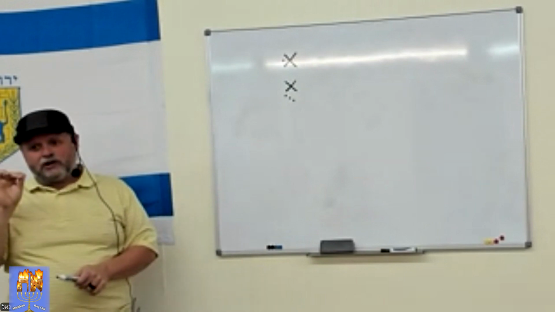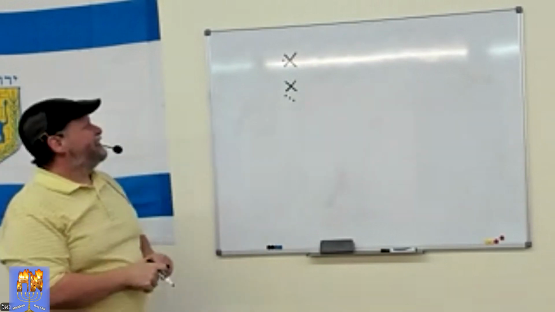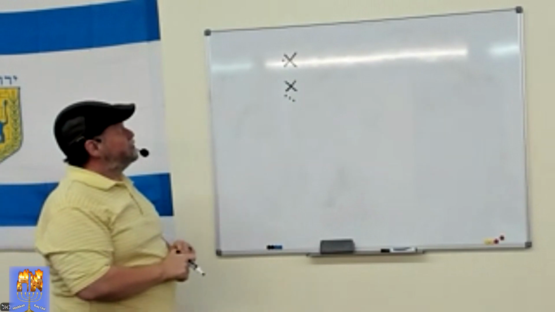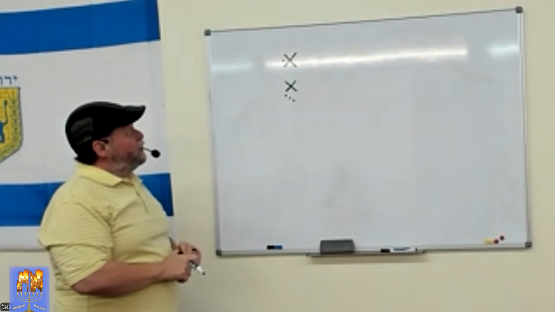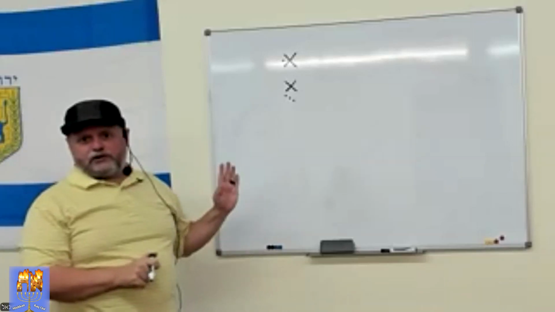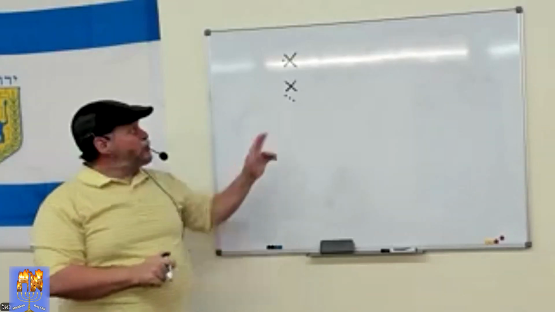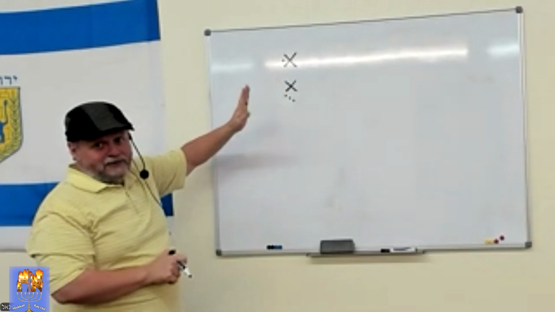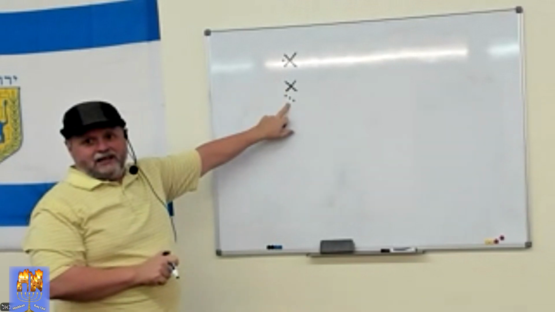Not kibbutz, kubutz. So for right now, we're just going to focus on those two. You'll most likely see this one. Every now and again, once in a while, you'll see this one.